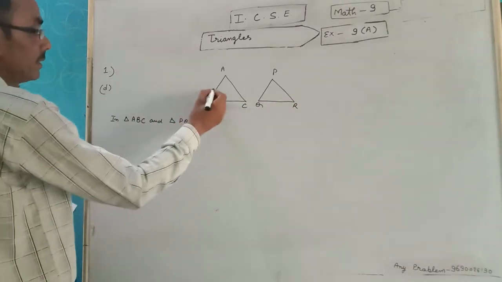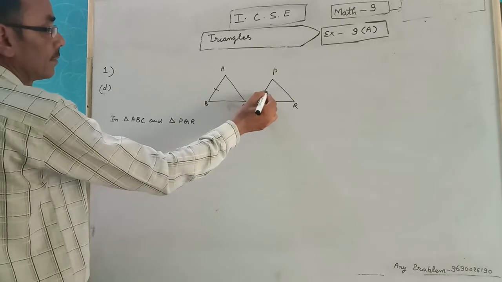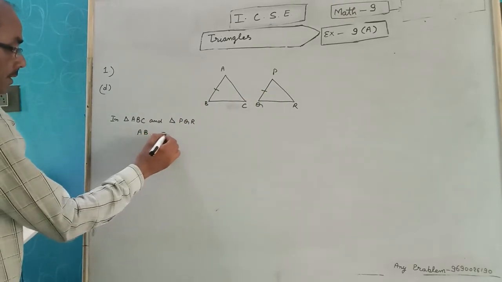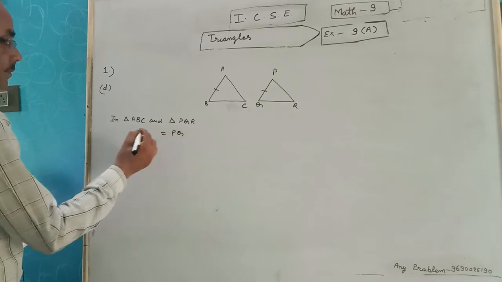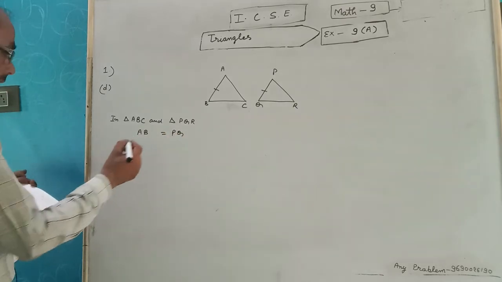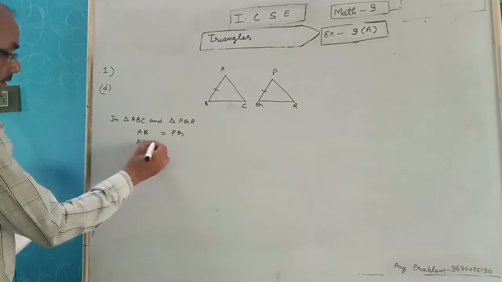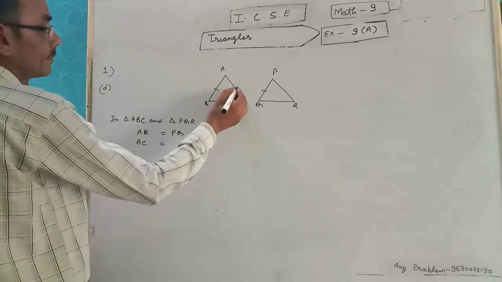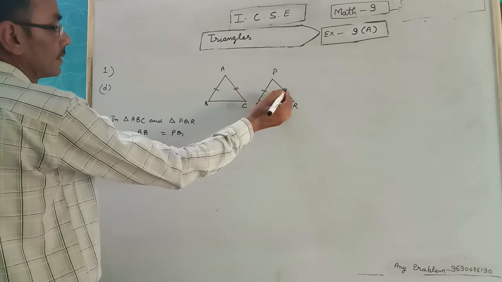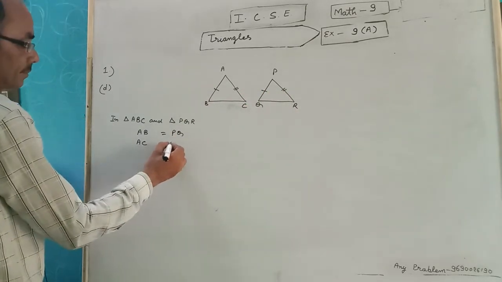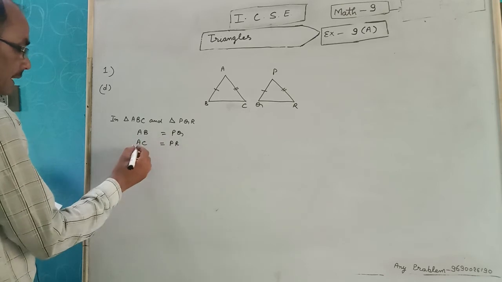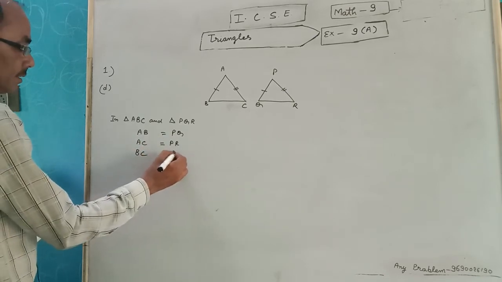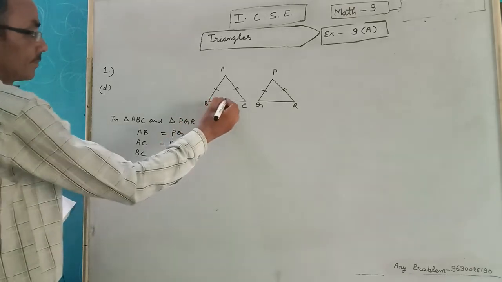AB equal PQ. AB equal PQ and AC equal PR. And BC equal QR.